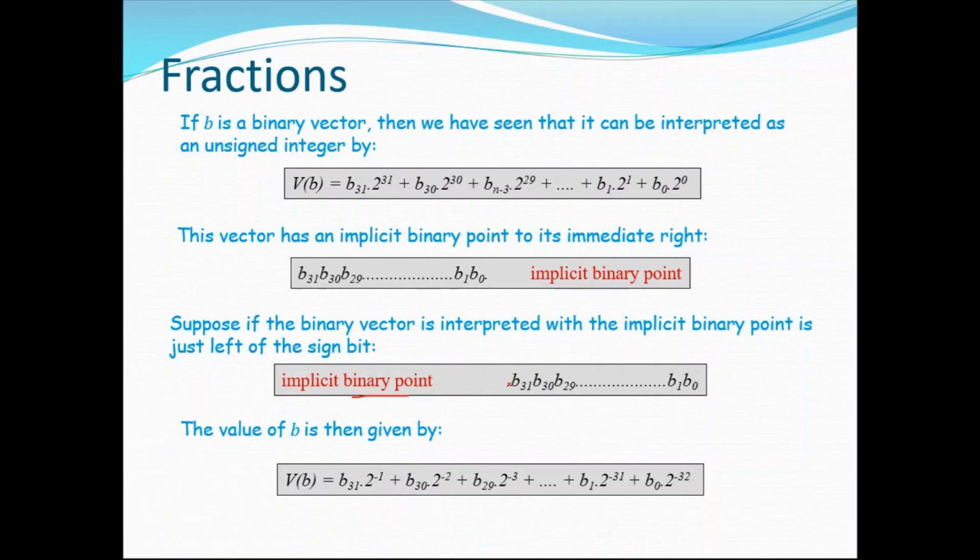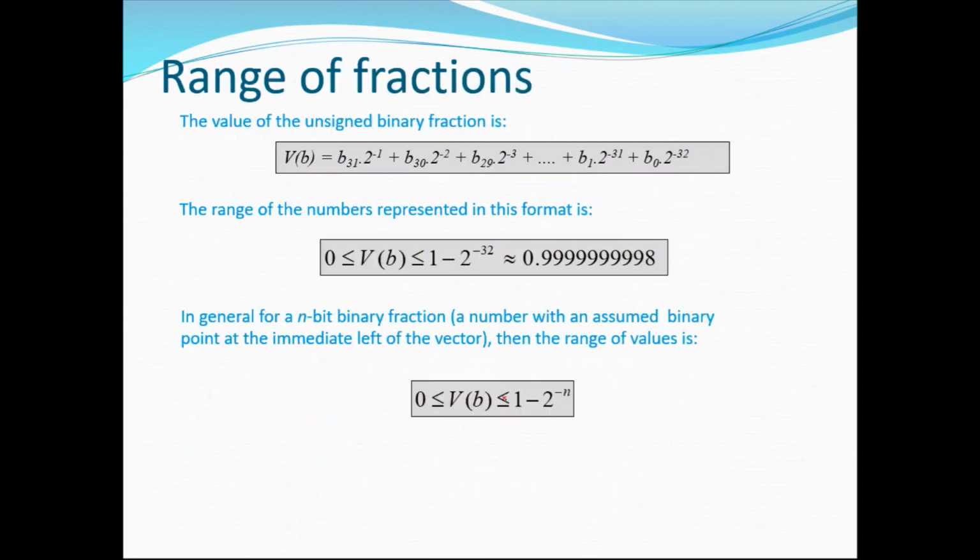At the left end, right? Fine. So with this representation with 32 bits, if the number of bits it can occupy is 32 bits, then what is the range of numbers we can represent? The range of numbers that we can represent is from 0 to approximately this much, 0.9998.